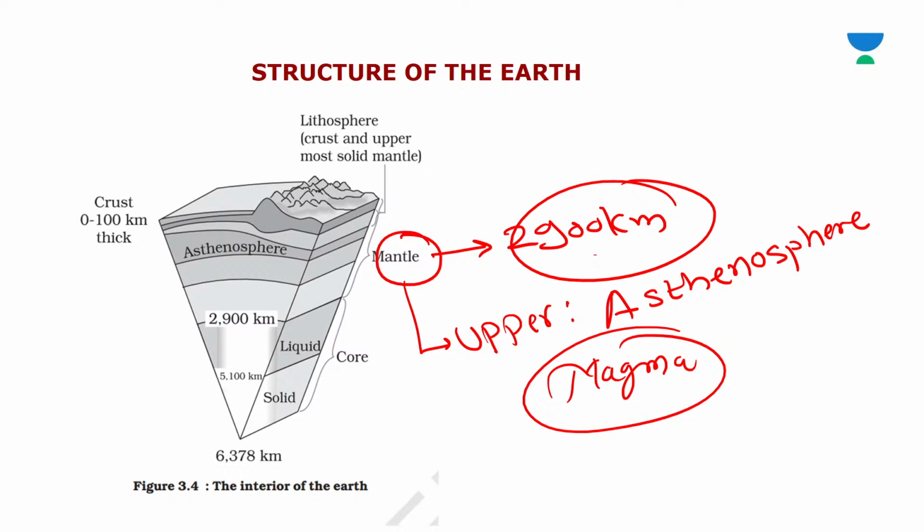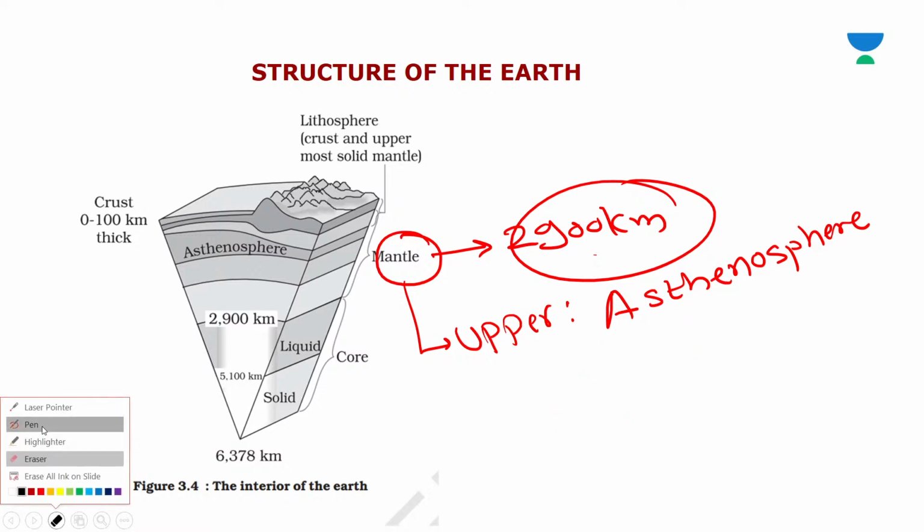Now, friends, just revising the mantle. The portion of the interior beyond the crust is called mantle. The mantle extends from Moho's discontinuity to the depth of 2,900 kilometers.